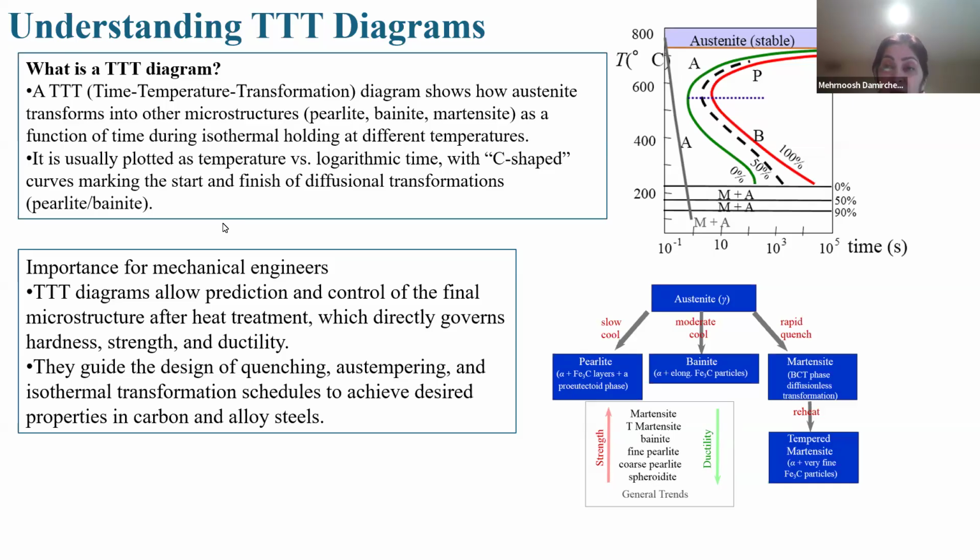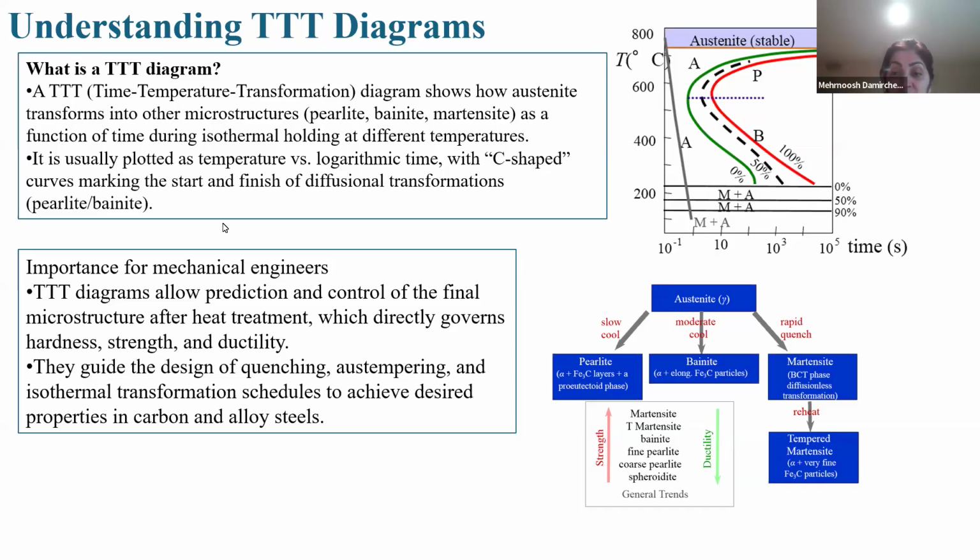Means if, as you see in examples, some part of the austenite converted to pearlite and then again we cool fast to the martensite temperature, that part that converted previously to pearlite does not convert to martensite. So only austenite converts to other microstructures.